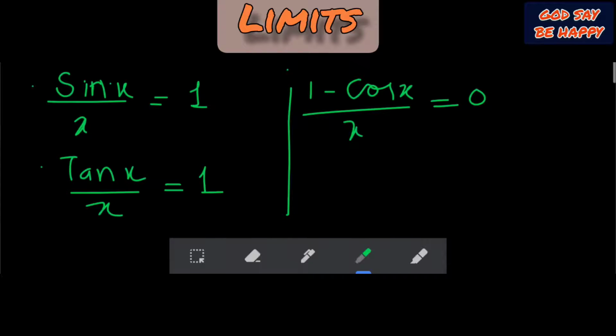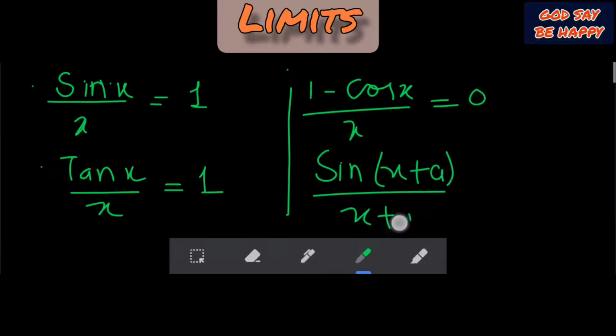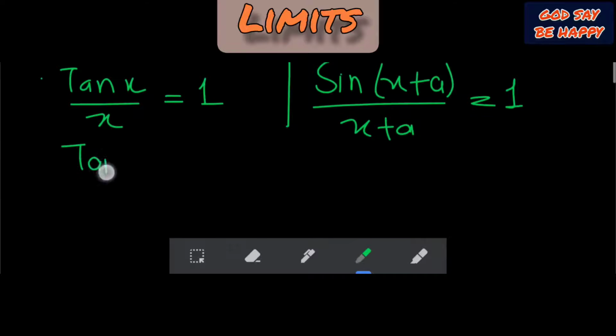In this case we can also have it like this: sin of x plus a upon x plus a is equal to 1. Or here we can also have tan of x plus a upon x plus a is also 1.